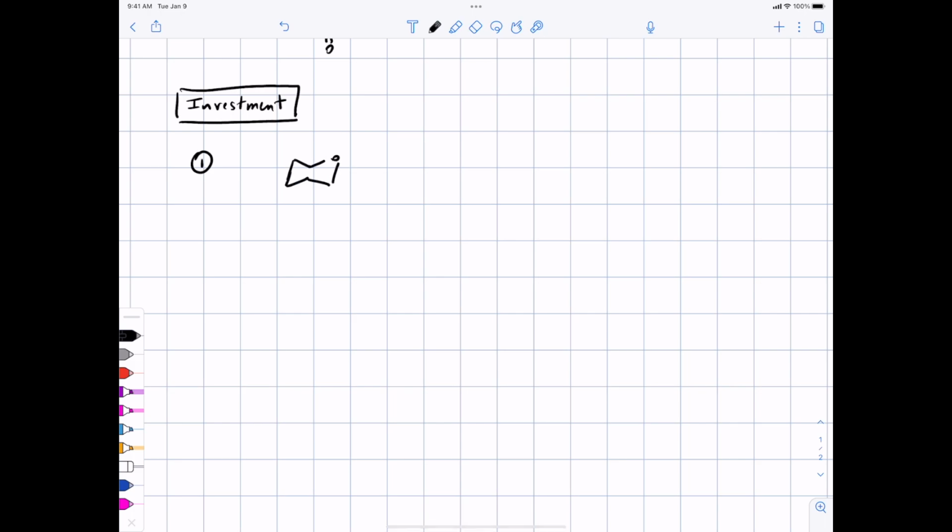So glucose is, of course, easy. You've done that before. 6-carbon sugar. And we're going to consume 1 molecule of ATP, and we'll get 1 molecule of ADP out.